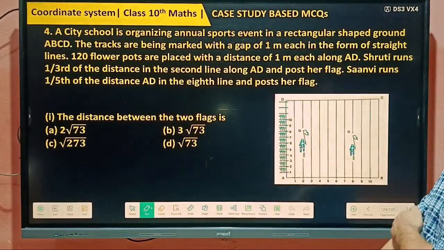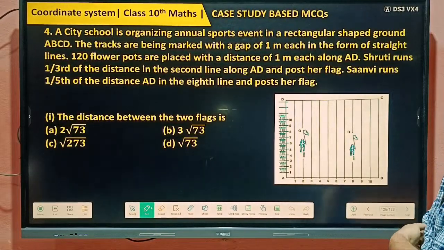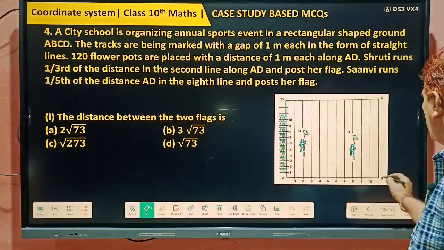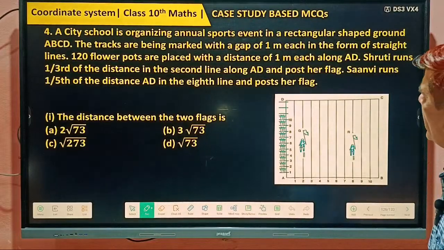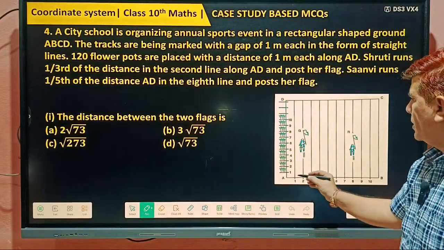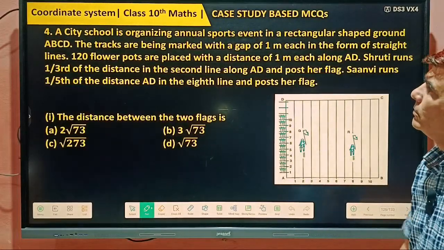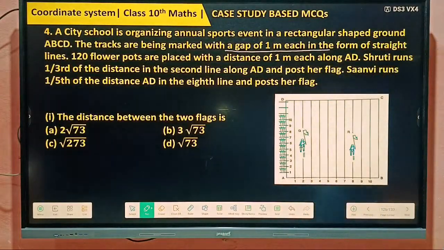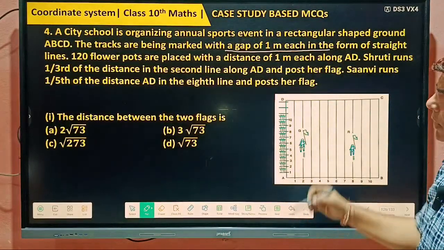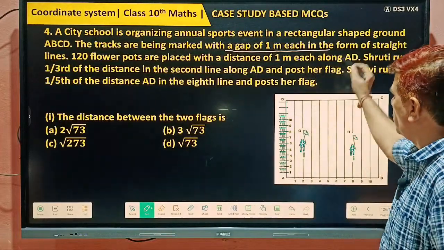One more question given. A city school is organizing annual sports events in the rectangular shaped ground ABCD. This is the ground ABCD. The tracks are being marked with a gap of 1 meter. 1 meter, 2 meter, 3 meter, like this, a gap of 1 meter each from the straight lines. 120 flower pots are placed at a distance of 1 meter from each other along AD.